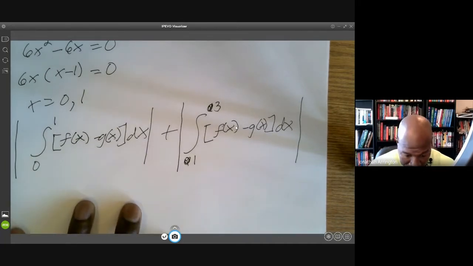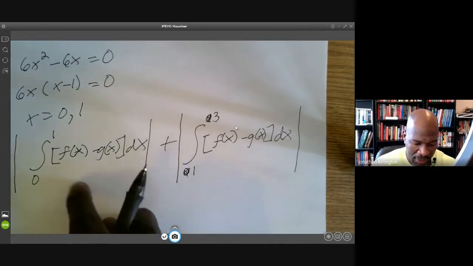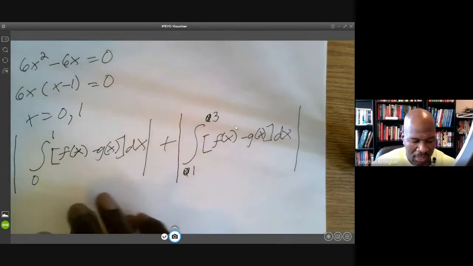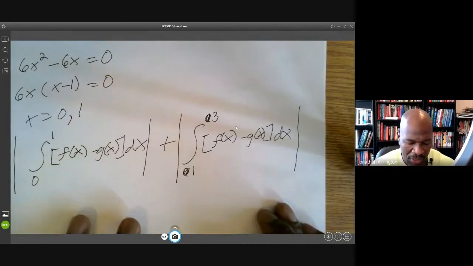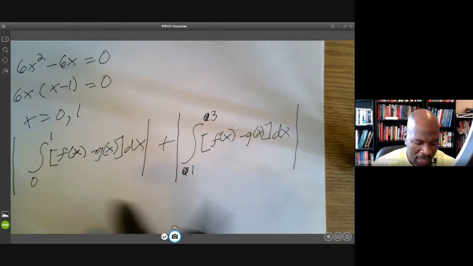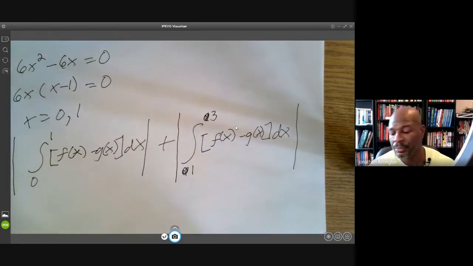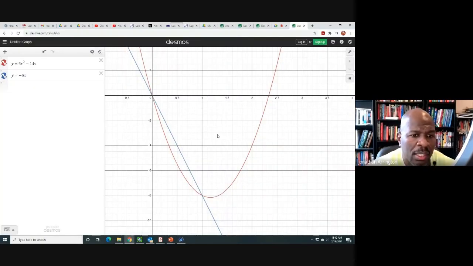All right. Now, before we integrate and get these answers, we'll take a look at the graph of this function so you can kind of see why we have to integrate like this. Here's a look at the graph. The graph in red is 6x squared minus 14x, which I think was f. And the graph in blue is negative 8x, which I think we call g.